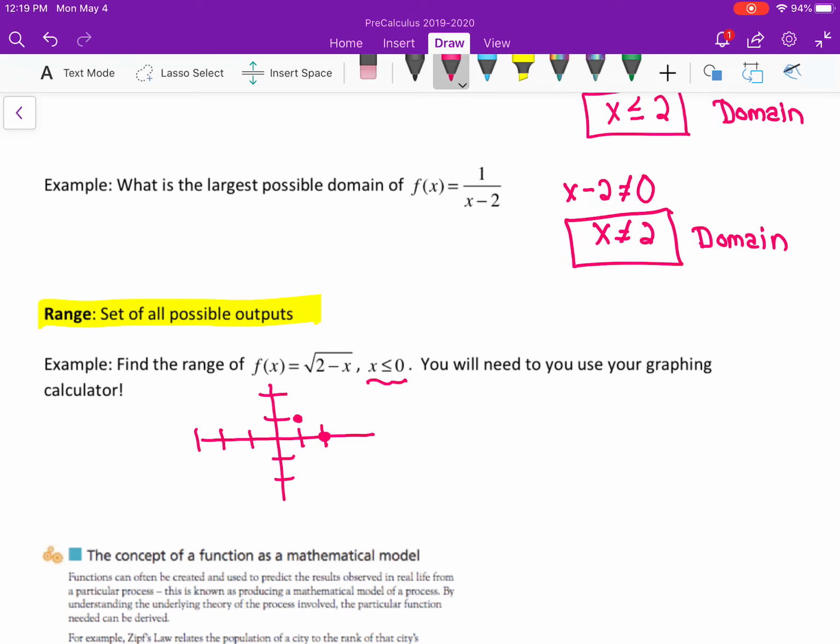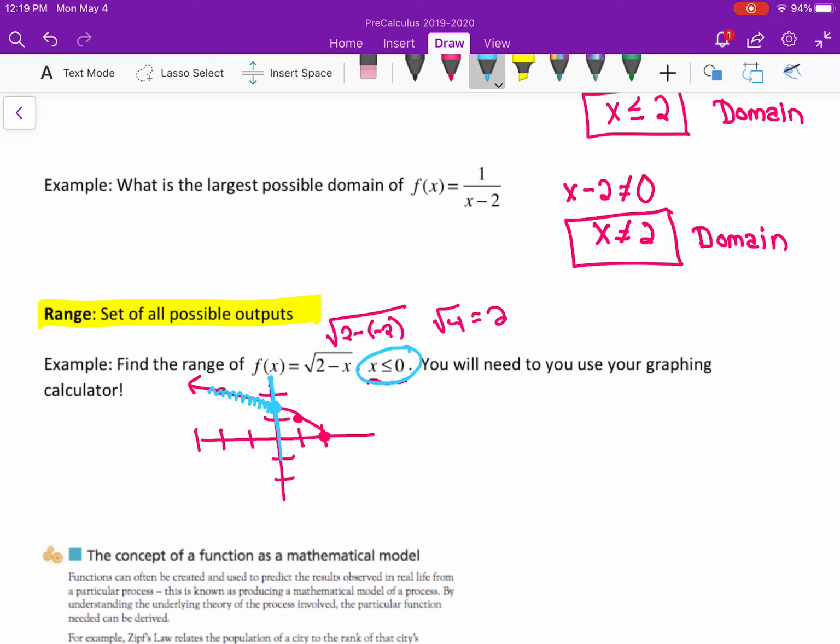If I plug in, what would I have to plug in to get another positive square root in there? So I would have to plug in negative 2, because 2 minus negative 2 would be 4. So the square root of 4 is 2. So this is what my graph looks like. I have to look at this specifically for when x is less than 0.